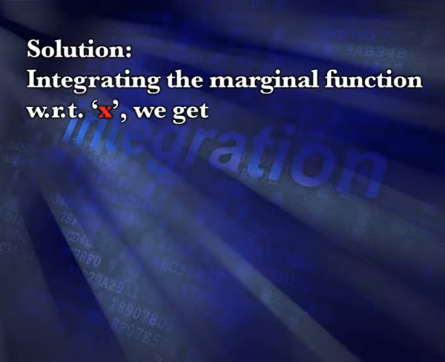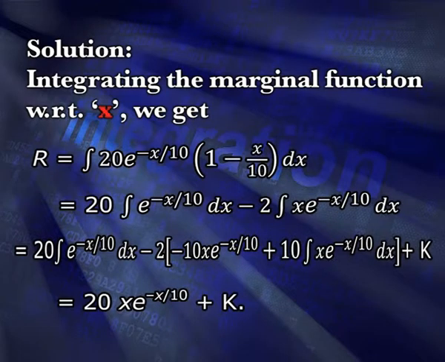Integrating the marginal function with respect to x, we get R equals the integration of 20 times e to the power minus x by 10 times 1 minus x by 10 dx, that is equal to 20 times the integration of e to the power minus x by 10 dx minus 2 times the integration of x e to the power minus x by 10 dx, which is equal to 20 times the integration of e to the power minus x by 10 dx minus 2 times, in bracket, minus 10 x e to the power minus x by 10 plus 10 times the integration of e to the power minus x by 10 dx, plus k.